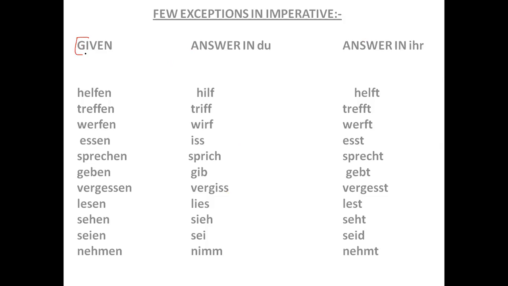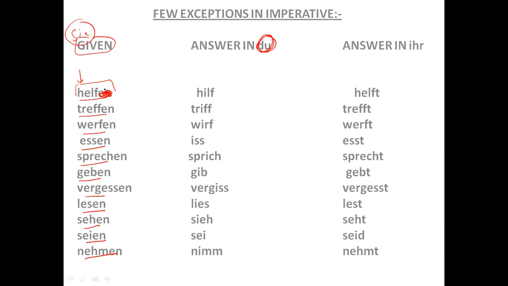If the verb is given in Sie form, like always Sie form is given, and the verb is helfen, treffen, werfen, essen, sprechen, geben, vergessen, lesen, sehen, sein, or nehmen, if any of these verbs is given to you in the question, or you are using these verbs in the imperative, then when you are converting into du, the ending will not come.